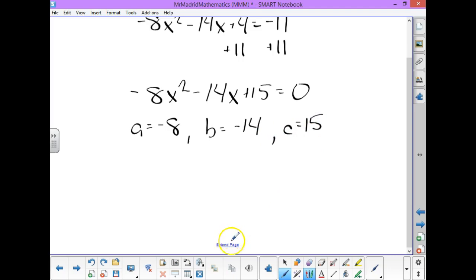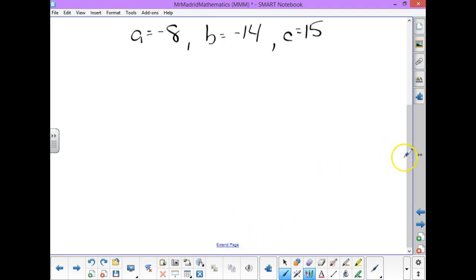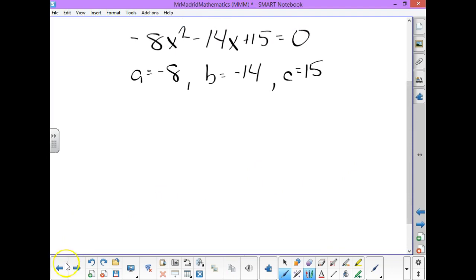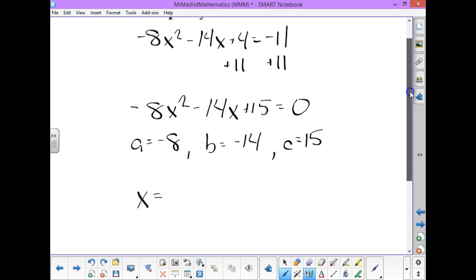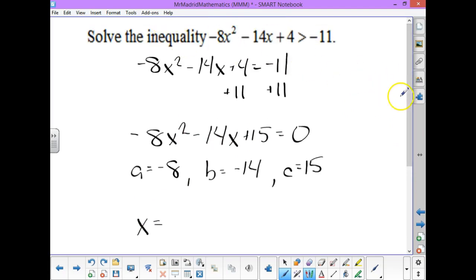If this is a little new to you, then you're going to need to review it. So you've got A, B, and C, and you want to plug into the quadratic formula, which will give you the zeros, the solution to the inequality, essentially.